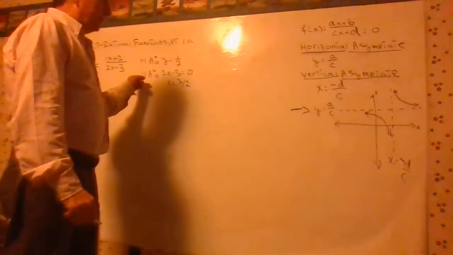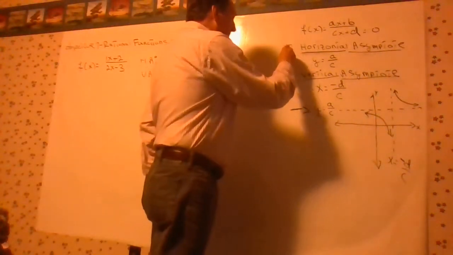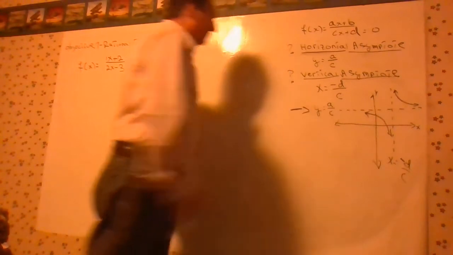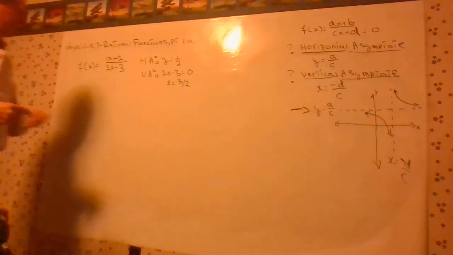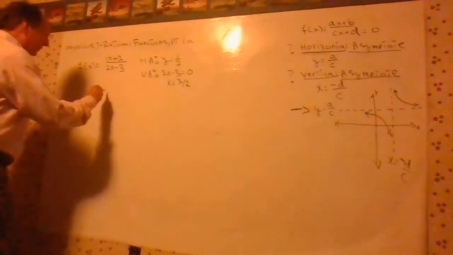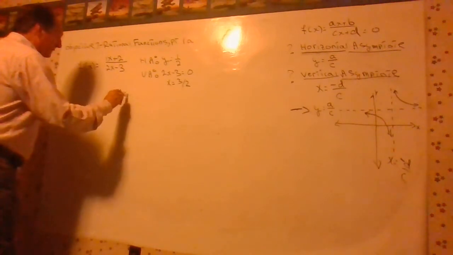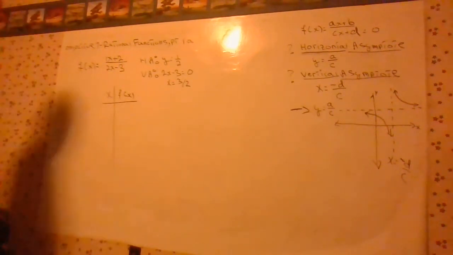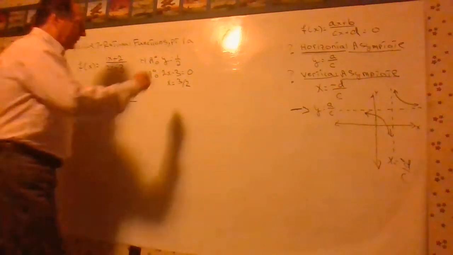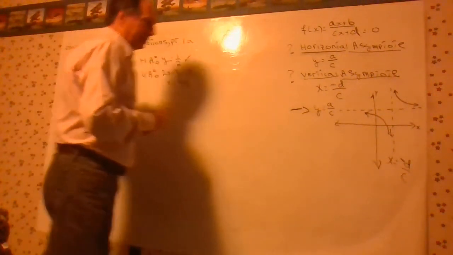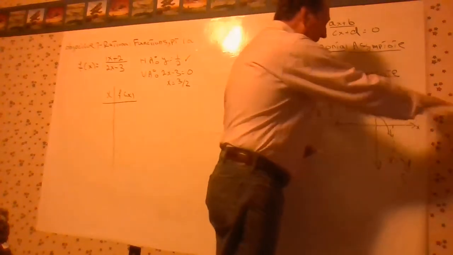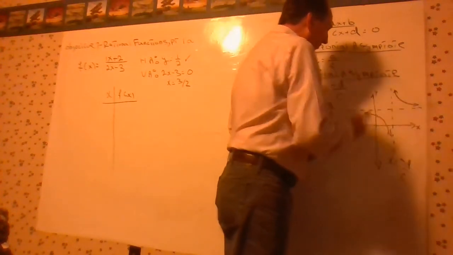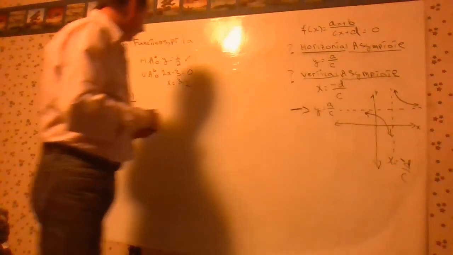Now, the interesting question is, why do we have these? So let's just spend a minute making a table. X, f of x. As far as the horizontal asymptote is concerned, I mentioned we're looking for what's happening at the extremes. X gets large, and x gets large in the negative sense.